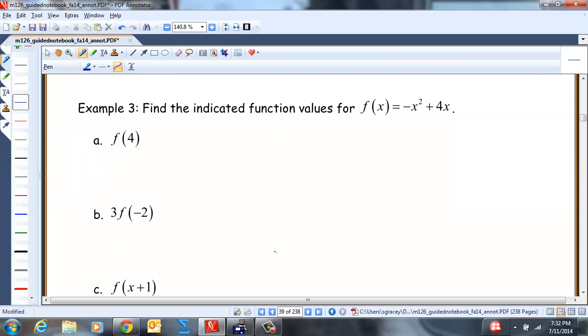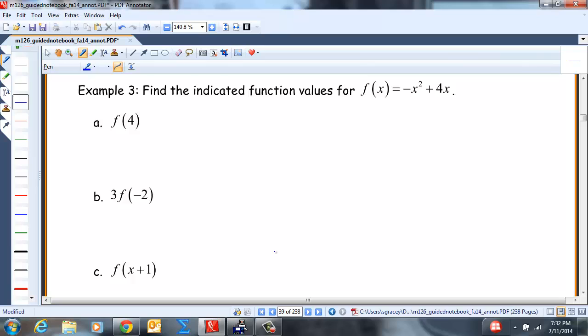Find the indicated function values. So here we go. Function notation is really awesome because with function notation, you don't have to say, oh, evaluate y at x equals some number. This 4 tells us that we are plugging in 4 wherever we see an x in the original function.